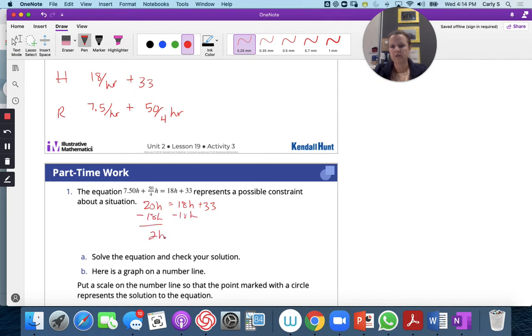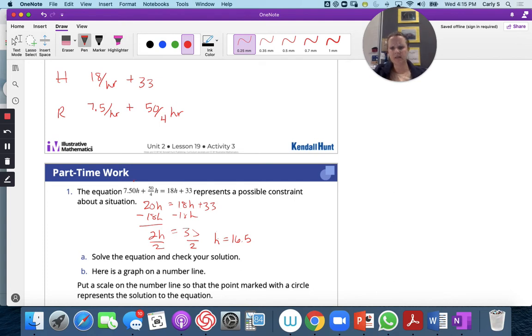I get 2h equals 33. Divide both sides by 2. So h equals 16.5.